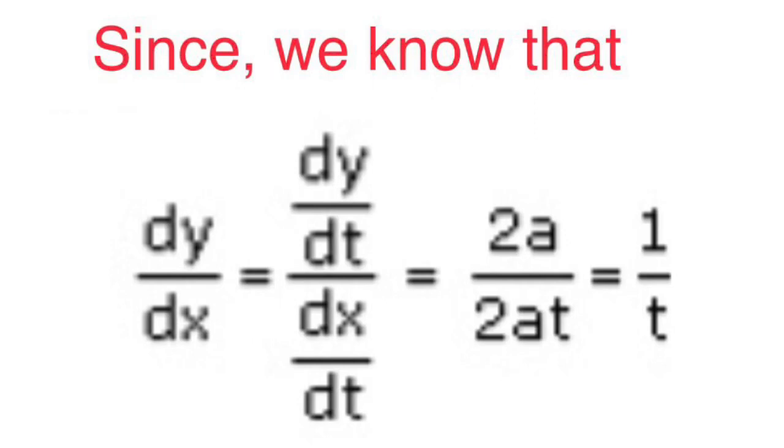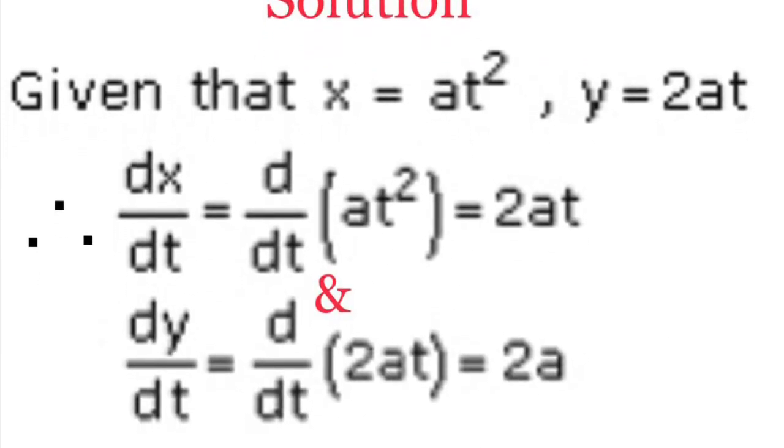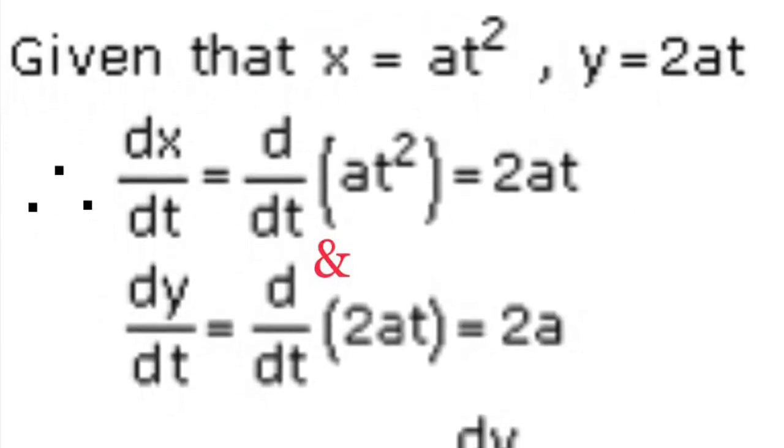So 2a and 2a will get cancelled from numerator and denominator. So we have 1 upon t. Therefore dy upon dx equals 1 upon t. So let's go through this solution once again.